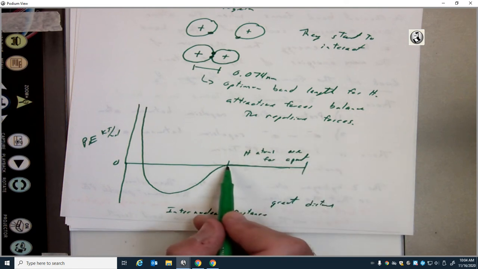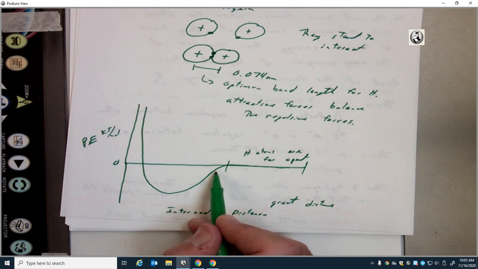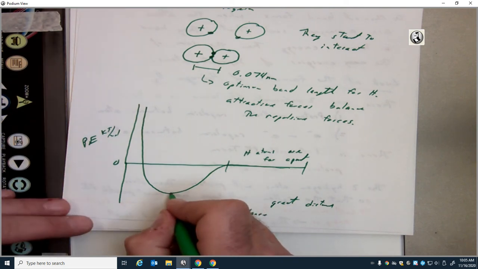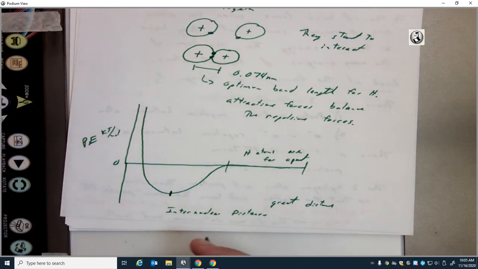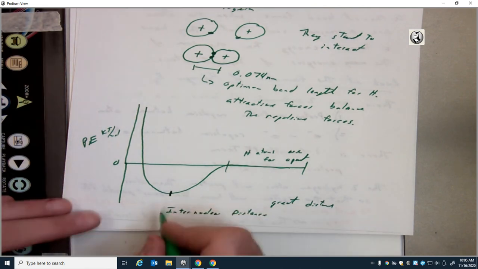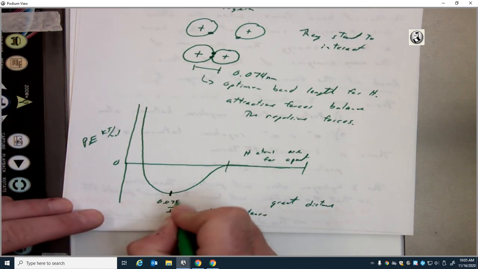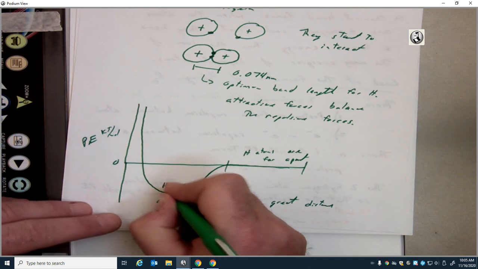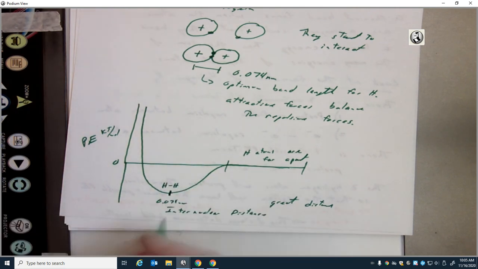Eventually we get to a point where they start to interact with each other, and the potential energy goes down. And eventually it bottoms out right here. And it turns out that this is 0.074 nanometers. That's where we have this hydrogen-hydrogen bond.